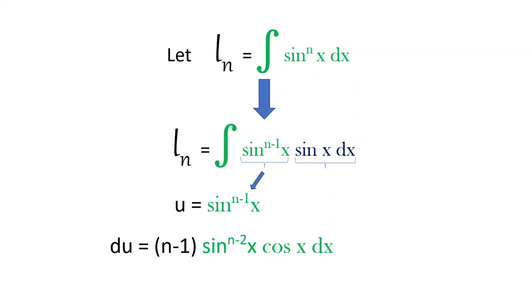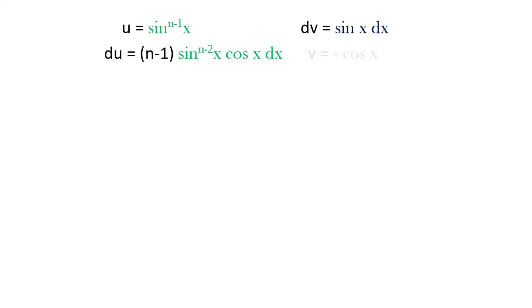We let that equal to dv, and then we integrate that to get v. We know that if we integrate sin x, we're going to get minus cos x. So v will be equal to minus cos x. So now we have these four equations.